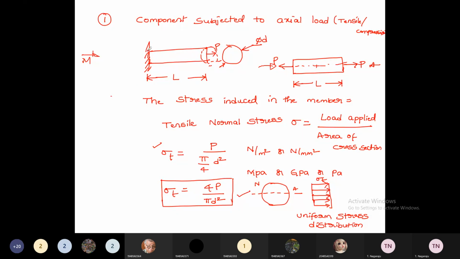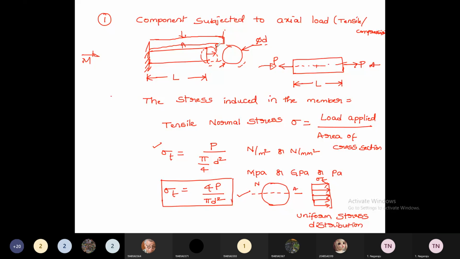The rod is supported at this end, and the other end carries the load P. The cross section of the rod is circular with diameter D, and the length of the rod is L. When the load is applied, the rod is elongated and its diameter decreases. The increase in length is called longitudinal strain, and the decrease in diameter is called lateral strain.